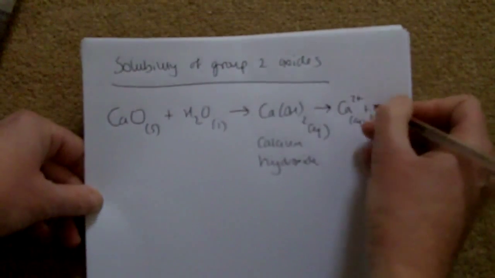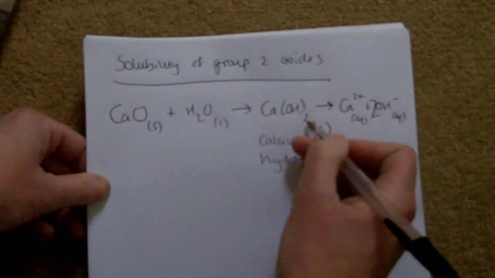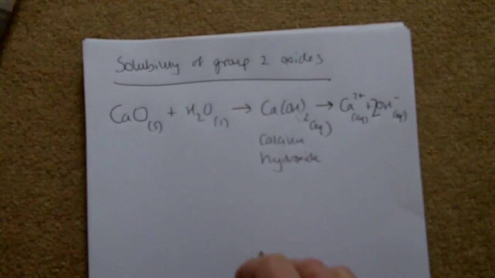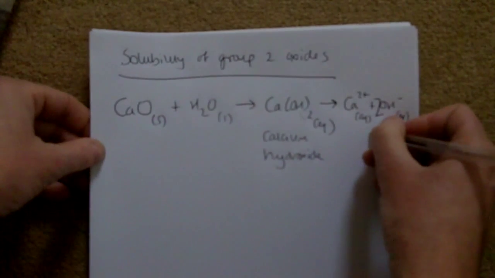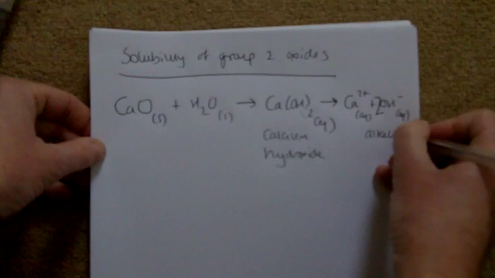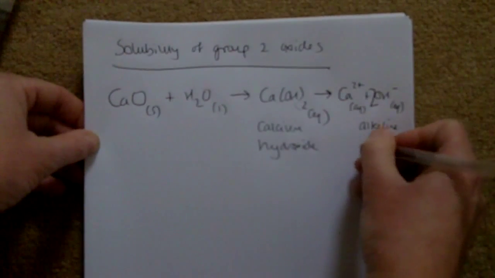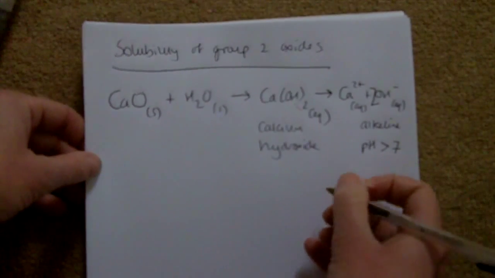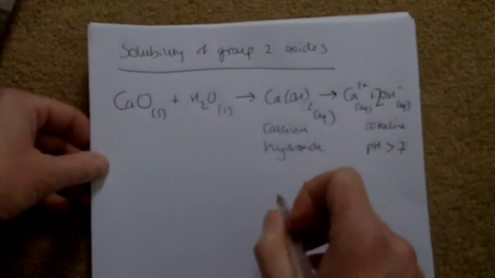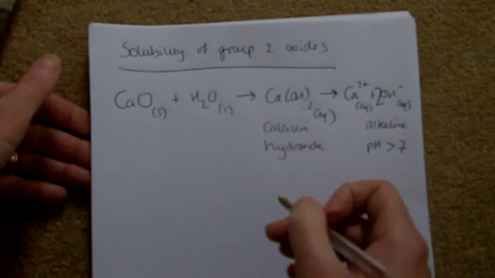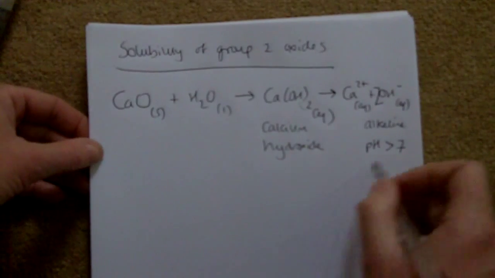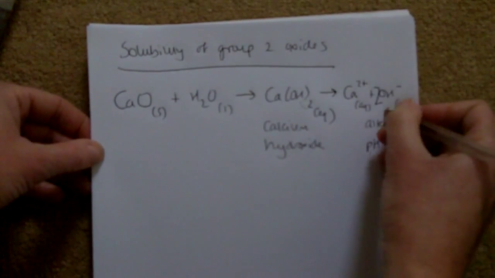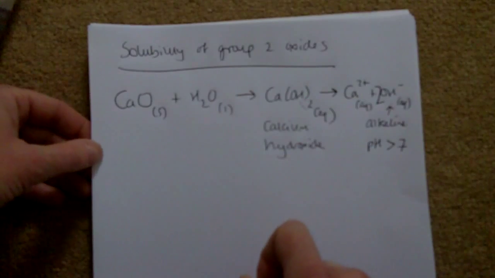Okay, but there's 2 hydroxide ions because there's 2 there, right? Hydroxide ions are alkaline. That means they've got a pH greater than 7. Okay, so remember, acids are pH 1 to 7. 7 is neutral. Above 7 is alkaline, and hydroxide is an alkali.